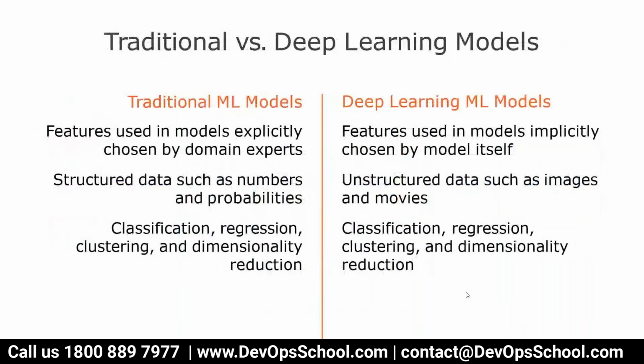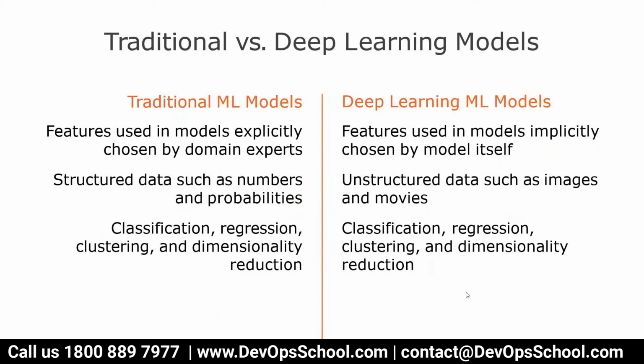Now what are the major differences between traditional and representational or deep learning models? In traditional ML models, the features used in the model are explicitly chosen by a domain expert. That means you will decide. Whereas in deep learning models, the features used are implicitly chosen by the model itself.